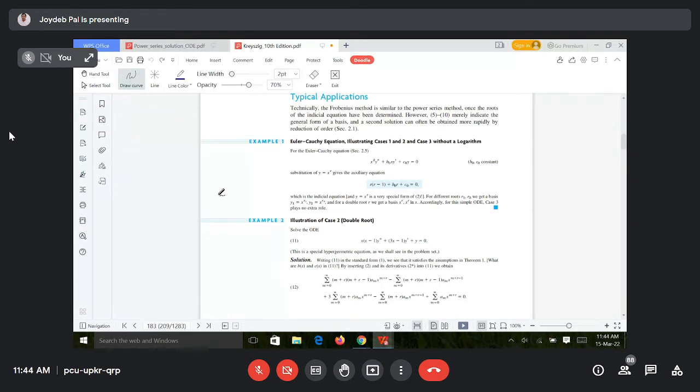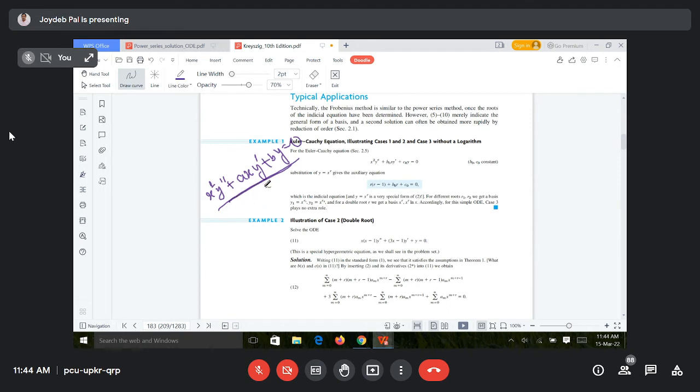What is the form? I am writing x square y double dash plus some constant a into x y dash plus b y is equal to 0. It was like this only, Euler-Cauchy, right?